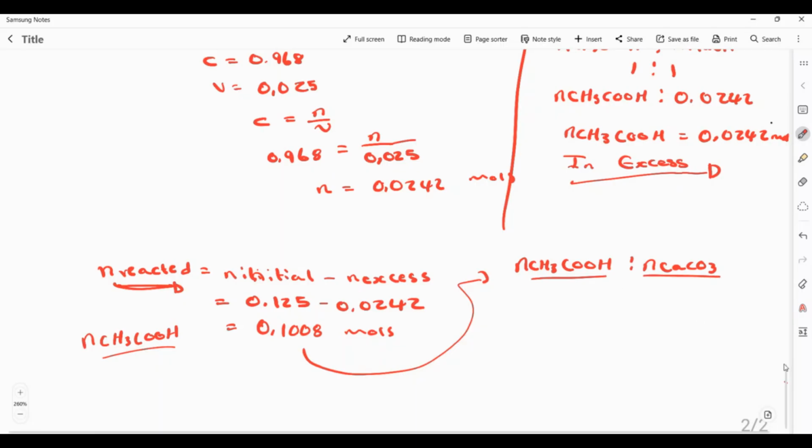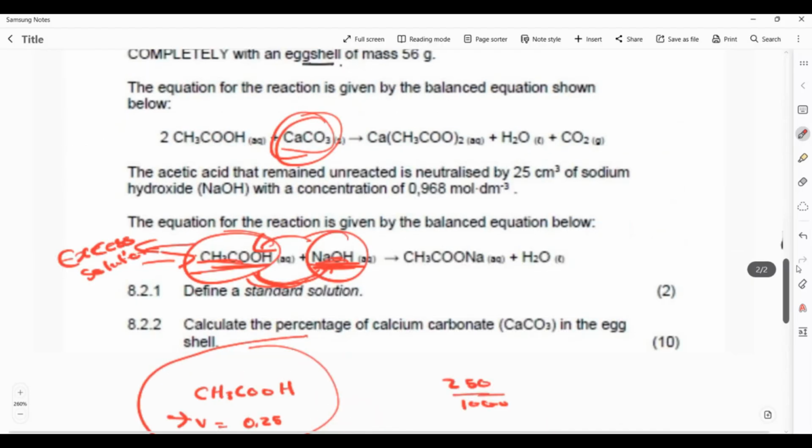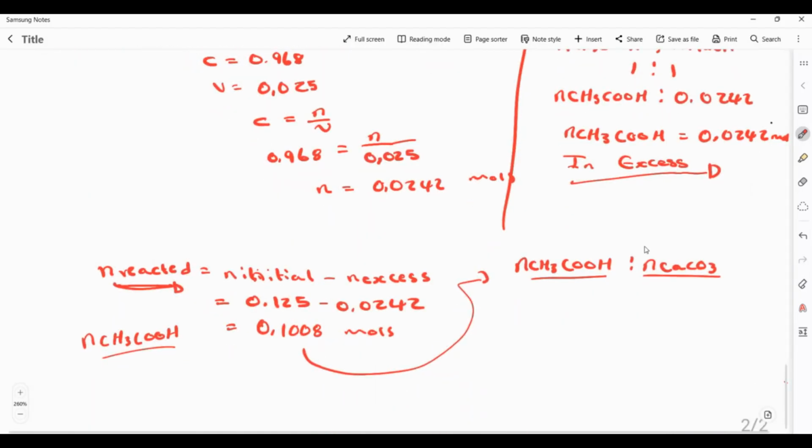What is the stoichiometric ratio? 2:1. Now, what is the number of moles of acetic acid? 0.1008 is to 2, and then the number of moles of calcium carbonate, which is unknown, is to 1.